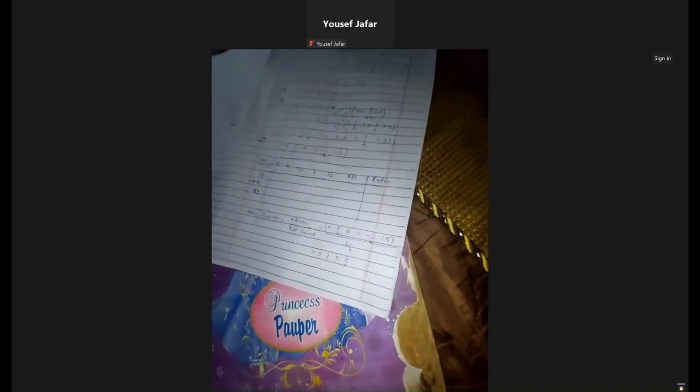So what we get is 0, 1, 0, 1 divided by 3 by 2 is 2 by 3, and minus 1 by 2 divided by 3 by 2 is minus 1 by 3, and 3 by 2 divided by 3 by 2 is 1.